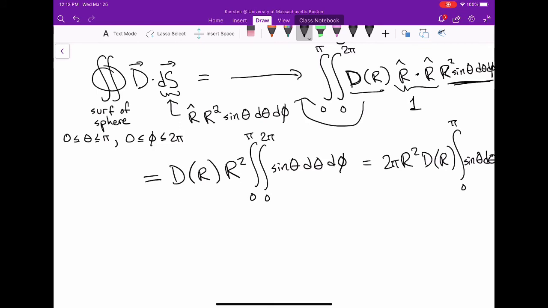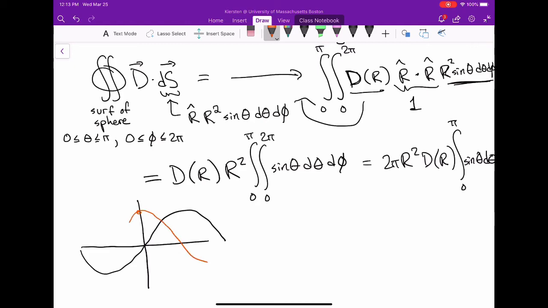And the integral of sine theta is, I always forget if it's positive cosine or negative cosine. So the way that I figure it out is I draw a graph of sine theta, and I remember that the derivative of sine theta is positive here, and this is a positive cosine.